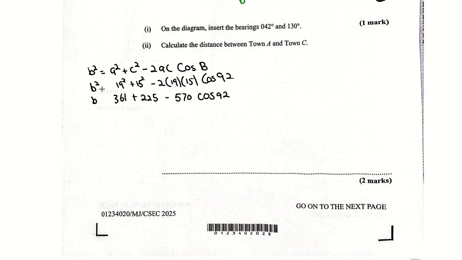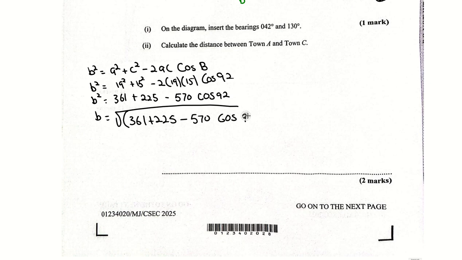So b squared is equal to that. We want side b, which would be the square root of 361 plus 225 minus 570 cos 92, exactly what I have here. You can put it in your calculator. Let's bring up the calculator so you can see how to do it.